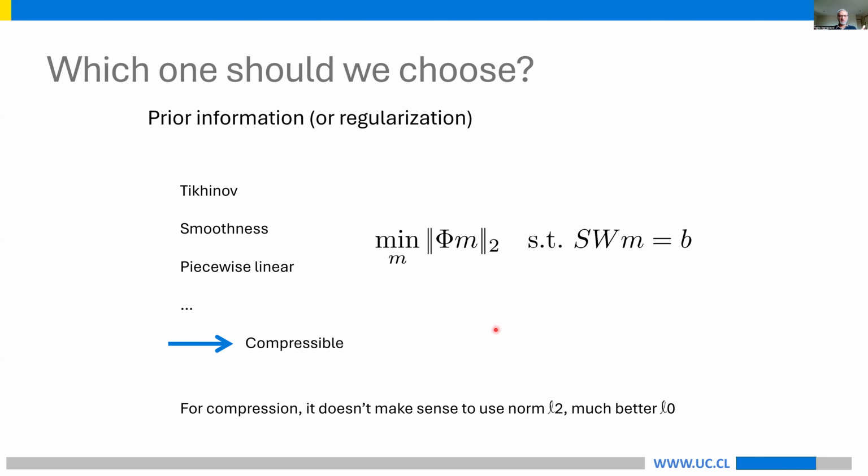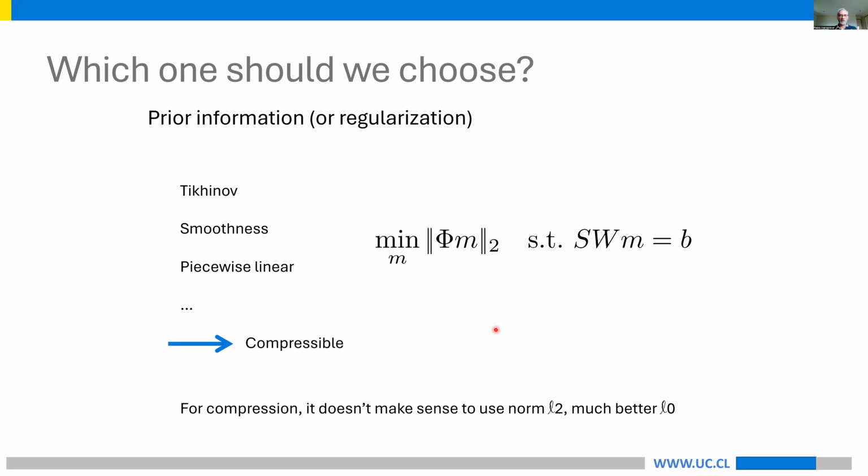And why compressible? Look at the images. In general, if you do an image Google search, you'll find lots and lots of images, and most of them, not all of them, are stored in compressed form.